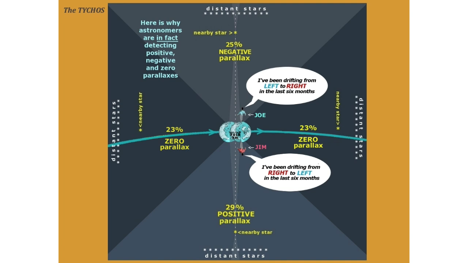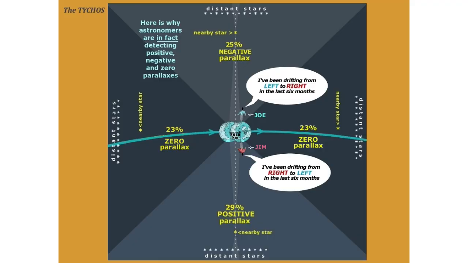And so I have Joe and Jim looking on either side of Earth, and one says he sees the stars moving from left to right, and the other says from right to left, because that will be the result. If we are moving in a straight line, we can look to the left of Earth and to the right of Earth, and we will see negative and positive parallax.